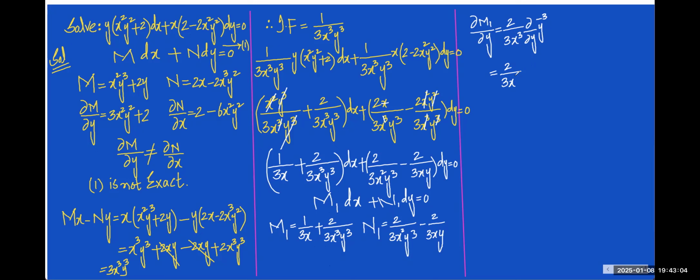Now the n x power n minus 1 formula. 3 and 3 cancel. What is left off? Minus 2 by x cube, y power minus 4, which can be written as y power minus 4. It is the value of dou M1 by dou y. Similarly, we should go for dou N1 by dou x.